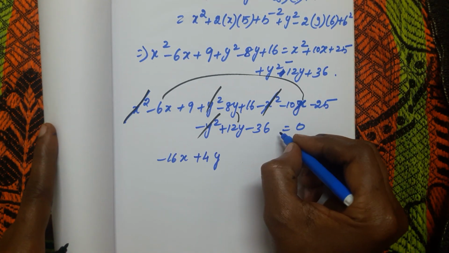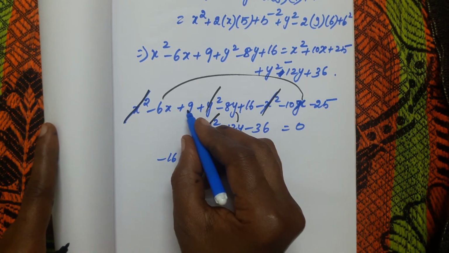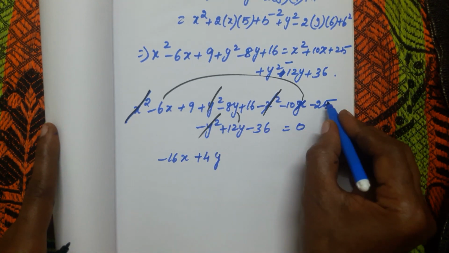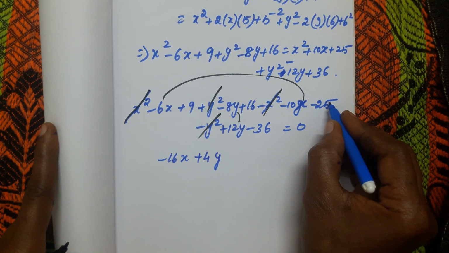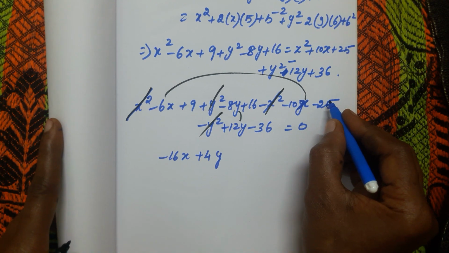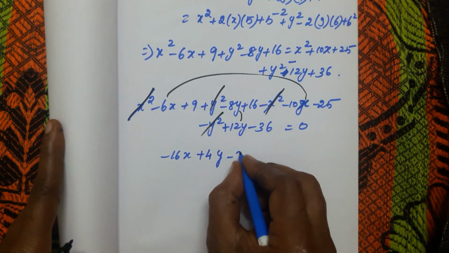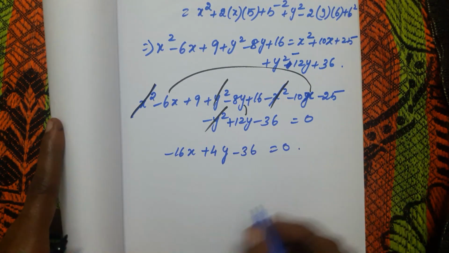Next, the constants: 9 plus 16 is 25, and 25 minus 25 is 0. So minus 36 is equal to 0.